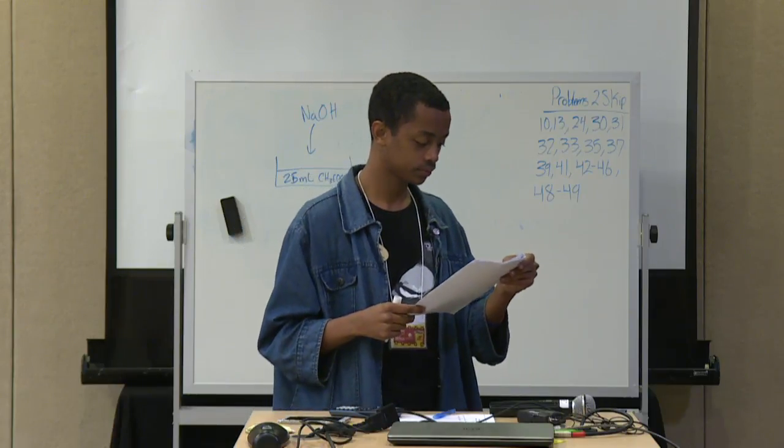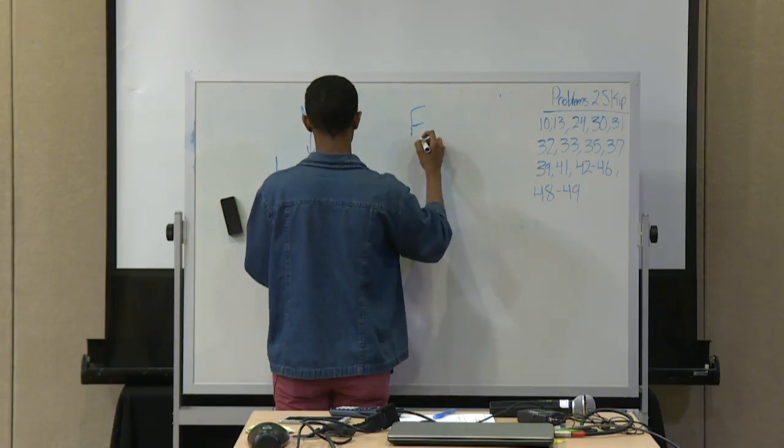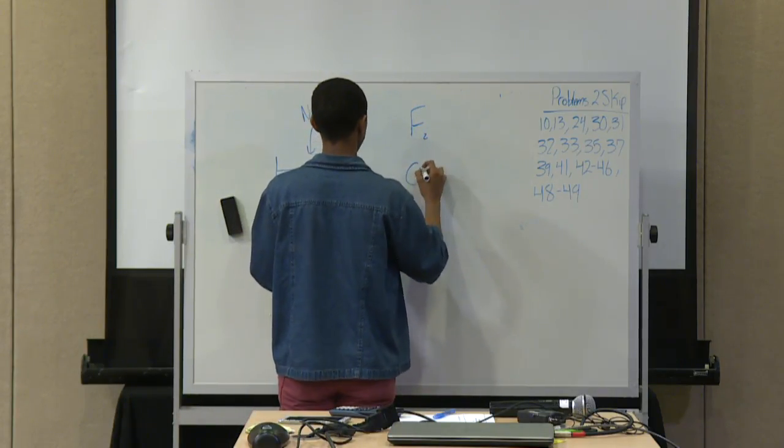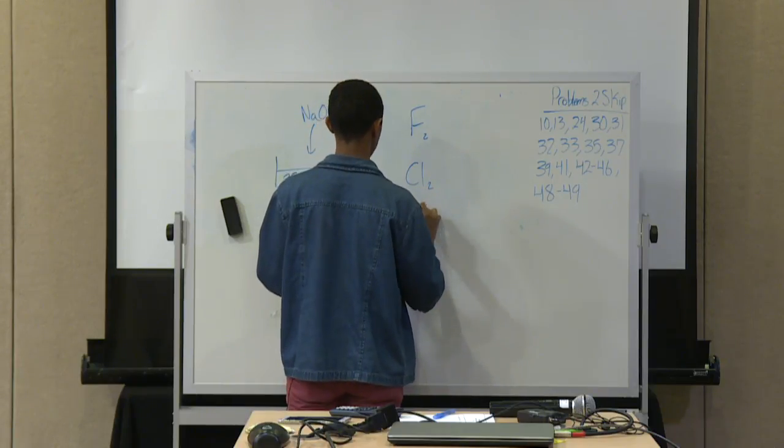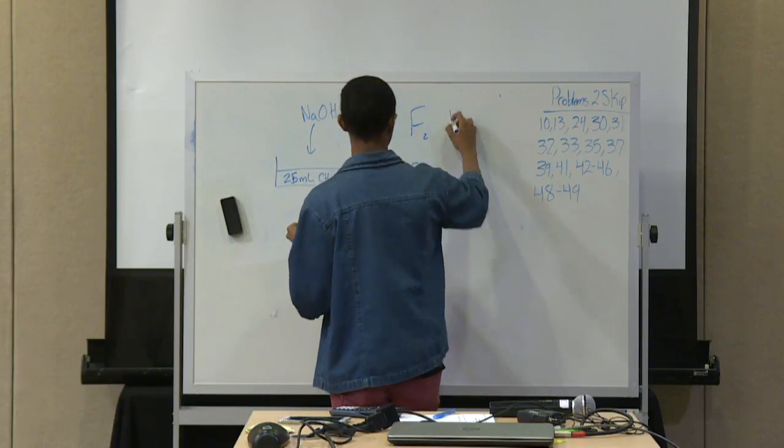All right, cool. The normal boiling points of molecular fluorine, chlorine, bromine, and iodine increase in that order.